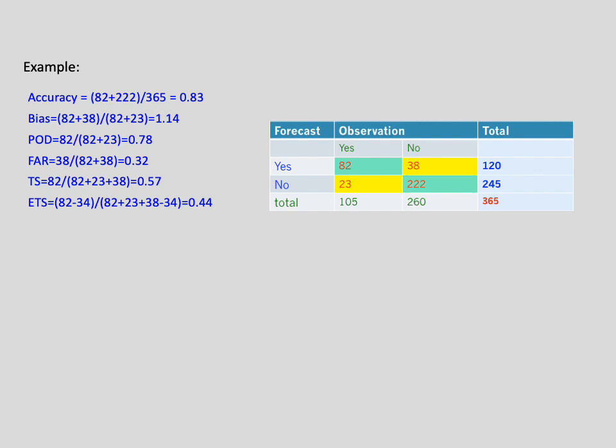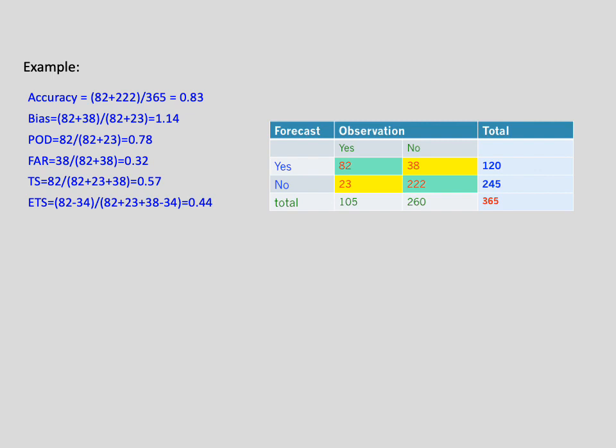Probability of detection is 0.78. This tells us that 78% of the observed events are correctly predicted. False alarm ratio is 0.32, indicating that 32% of the forecast rain events are not observed.